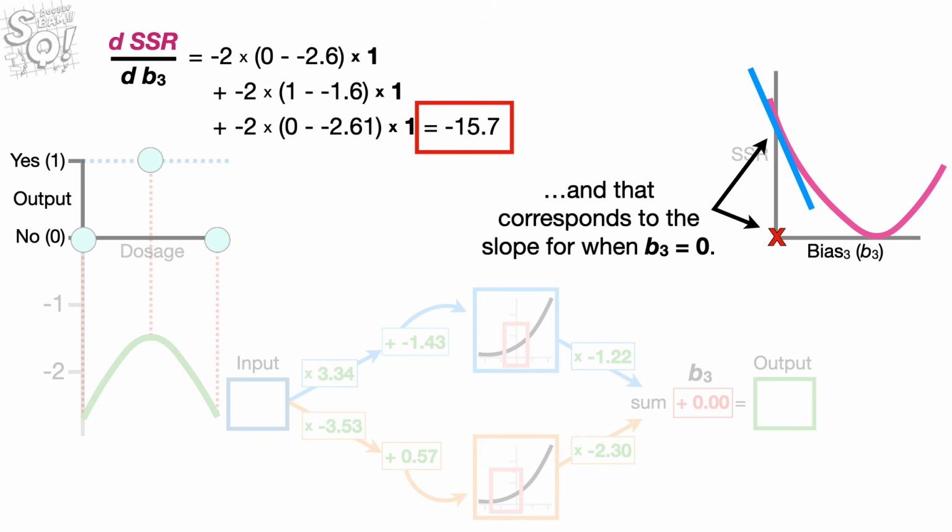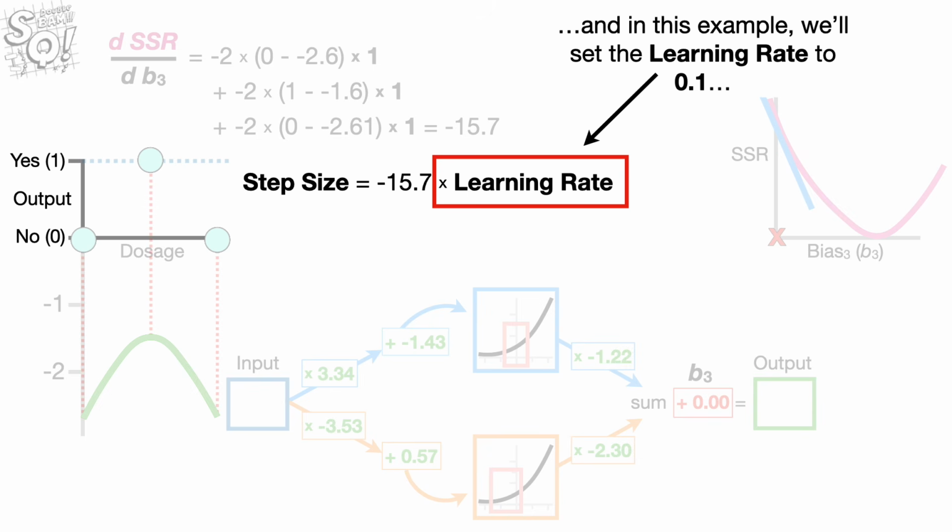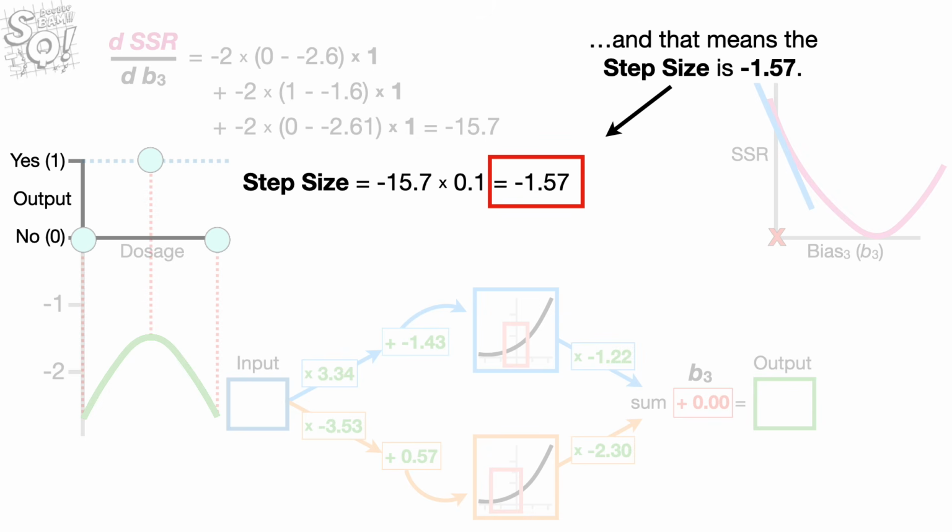And that corresponds to the slope for when b sub 3 equals 0. Now we plug the slope into the gradient descent equation for step size, and in this example, we'll set the learning rate to 0.1. And that means the step size is -1.57.